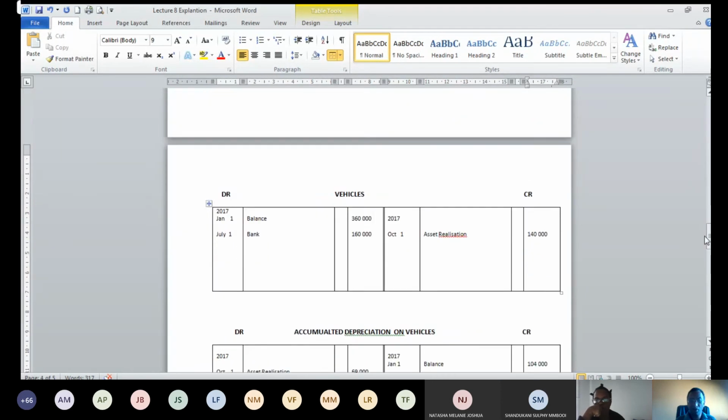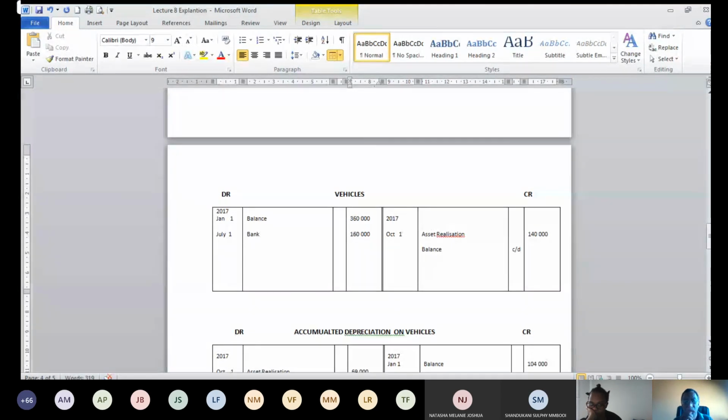So I'm done, guys, with all of these accounts now. I will now balance these accounts. Your vehicle account will now have a new balance carried down at the end of the year. If you add up your debit side, you will have 520,000.